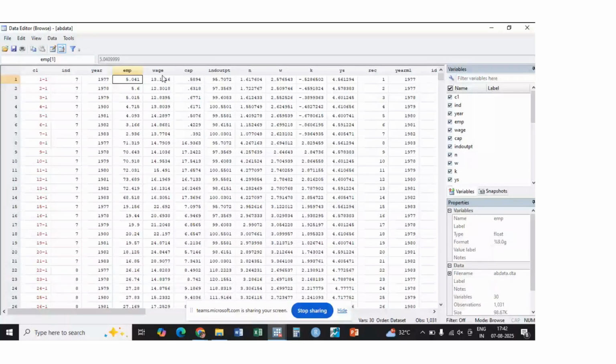So you may end up with a model which uses the past value of employment, plus the lagged values of wage, plus the lagged values of capital or the industrial output. Now, what they have done is the variables that we are going to use is not this employment. This we are not going to use.